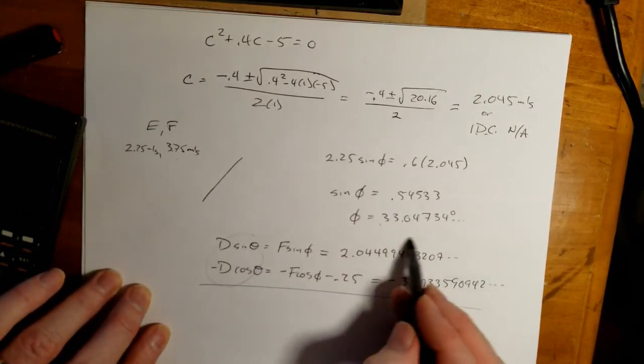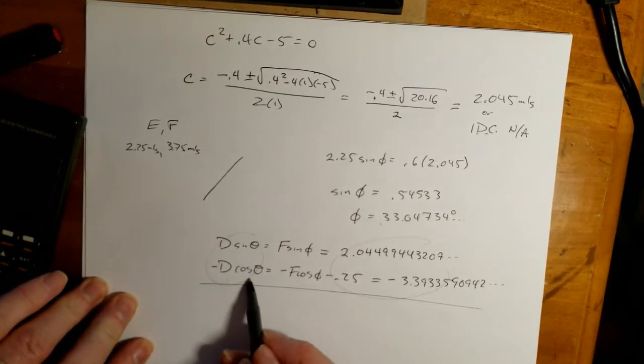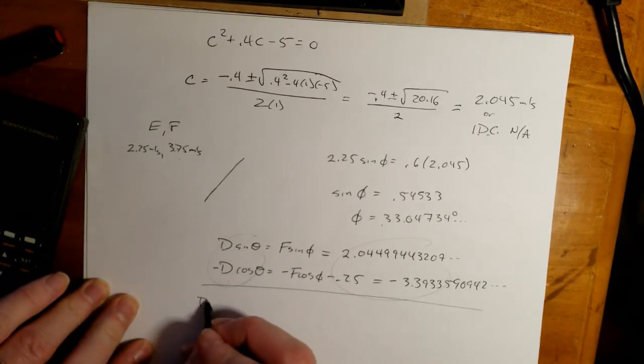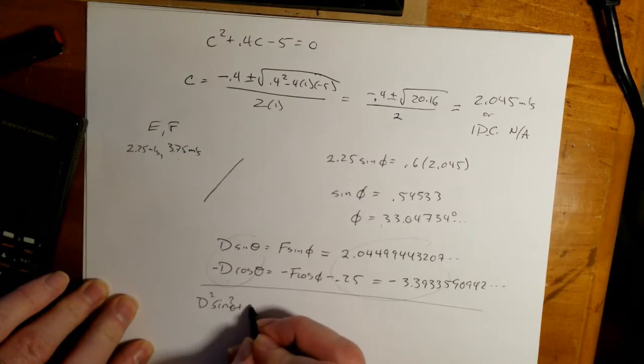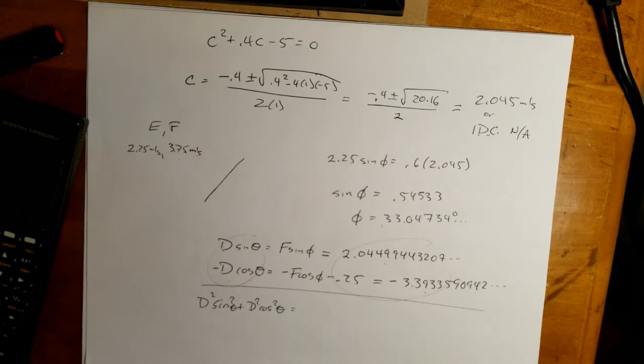All right, so now I'm going to square both sides of these and then add them together. So I have d squared sine squared and d squared cosine squared. Don't forget, negative squared is positive. When I add, I end up with d squared sine squared theta plus d squared cosine squared theta equal to that squared plus that squared.